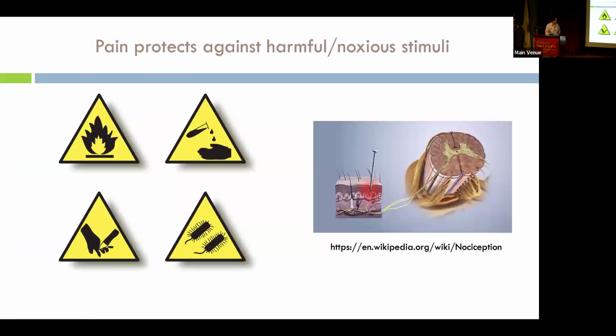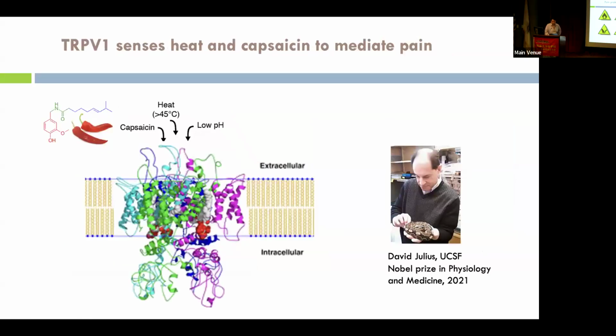These include noxious temperatures, extreme heat or cold, potentially damaging chemicals that we might be exposed to, as well as tissue injury or force or release of damage-associated molecules like ATP, and also pathogens, which is another area where I think there's interesting parallels, because when you get infected, you get sick, and you get pain as one of your main signs of infection as well.